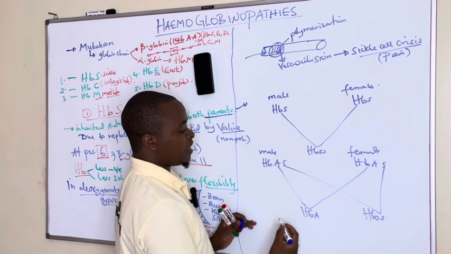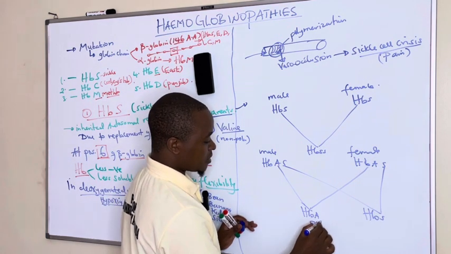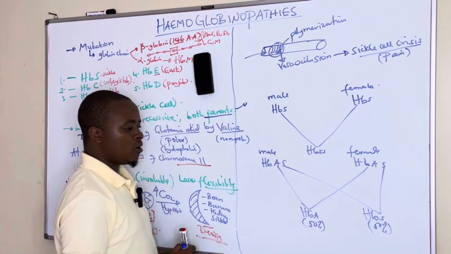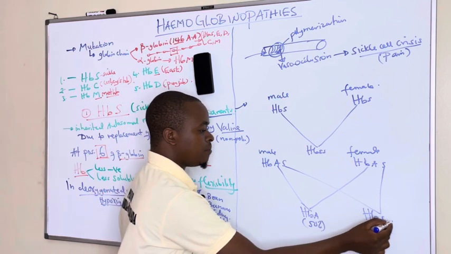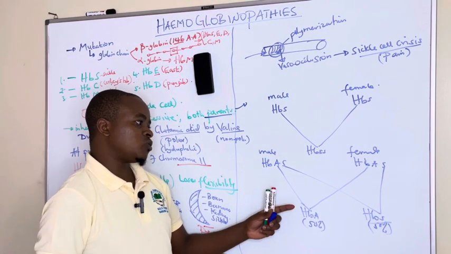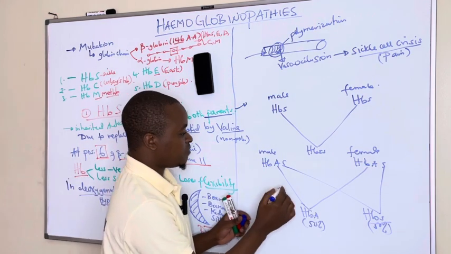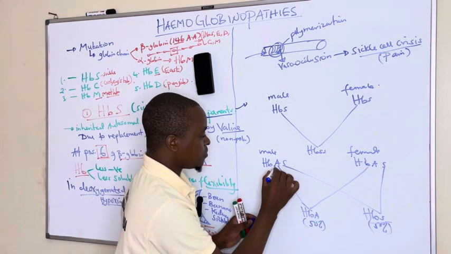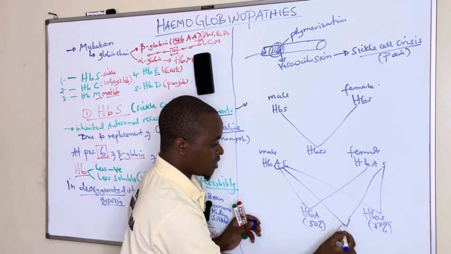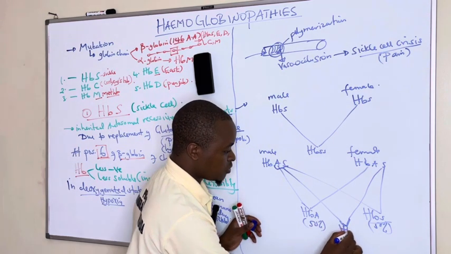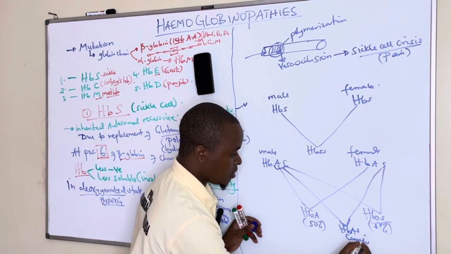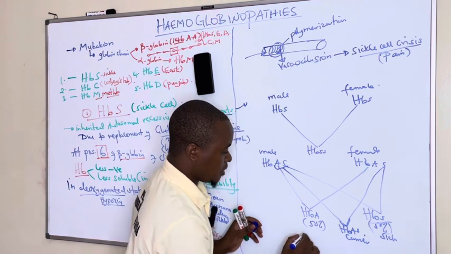So they have a 50% chance of producing either a normal baby or a sickler baby when they are both carriers. And then there is another chance: 25% chance they can also produce a carrier. So this one becomes a carrier, this is a sickler, and this is normal.